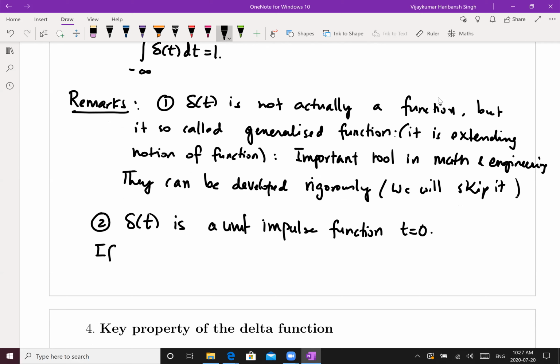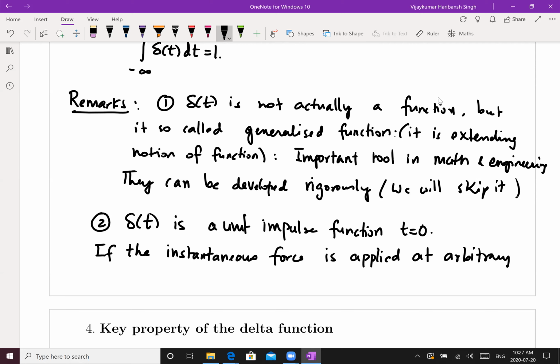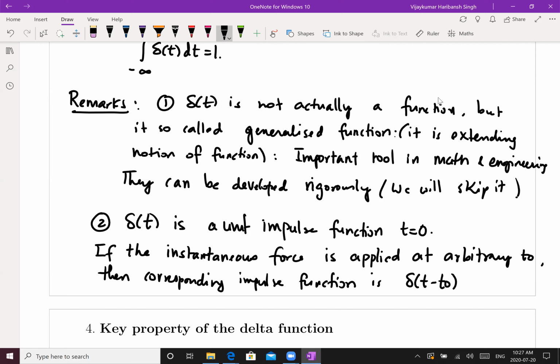If the instantaneous force is applied at any t naught, force is applied at arbitrary t naught, then the corresponding impulse function is going to be delta of t minus t naught, right? So it's moving it to t naught.